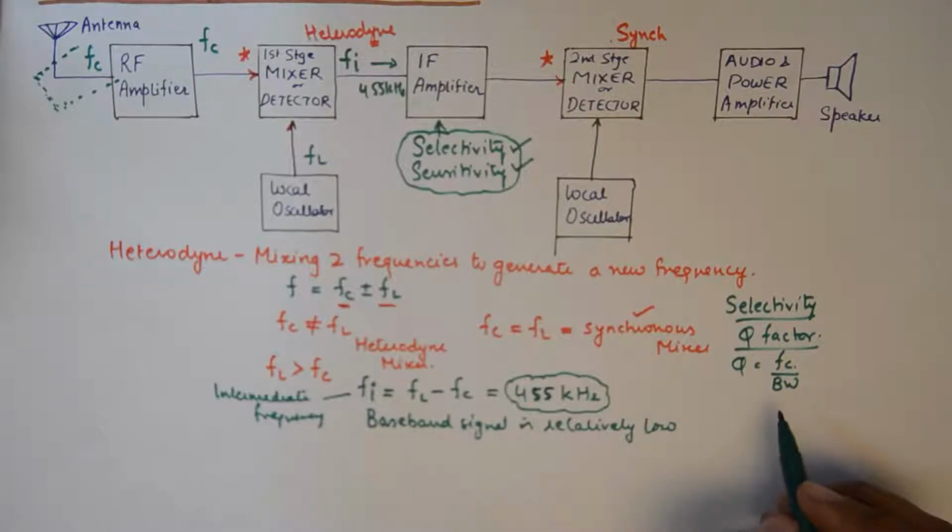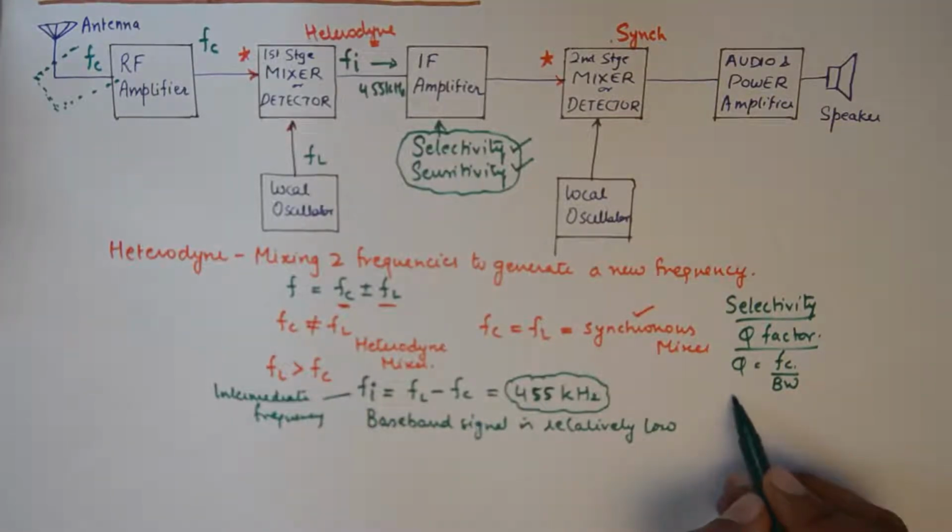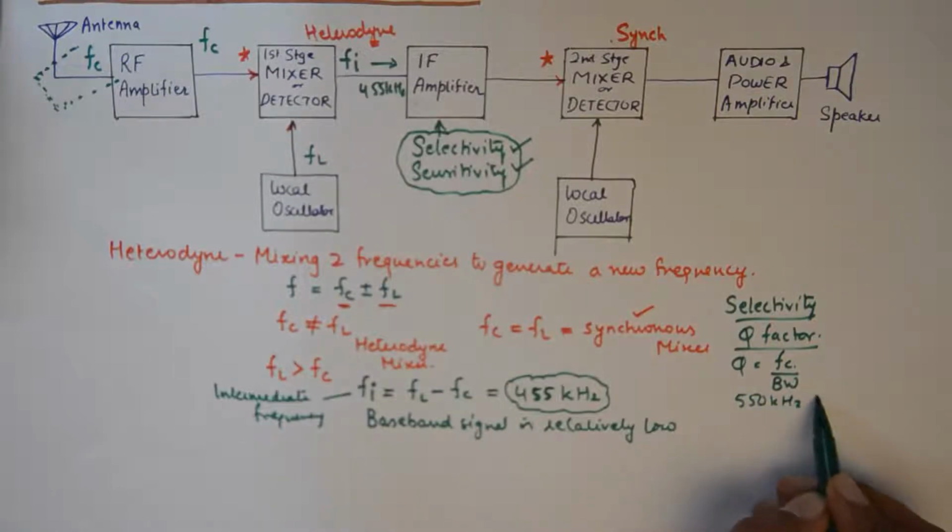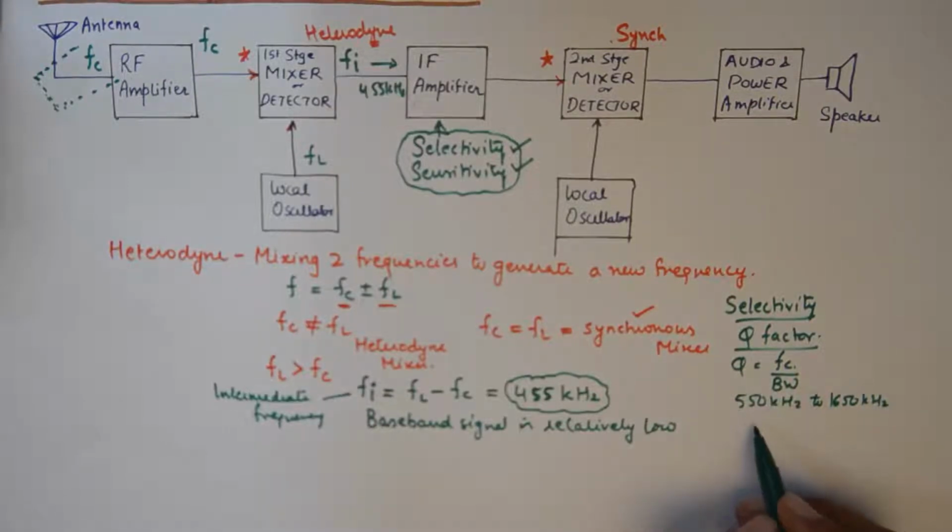The range lies between 550 kilohertz to 1650 kilohertz for the central frequency, and the bandwidth is 10 kilohertz.